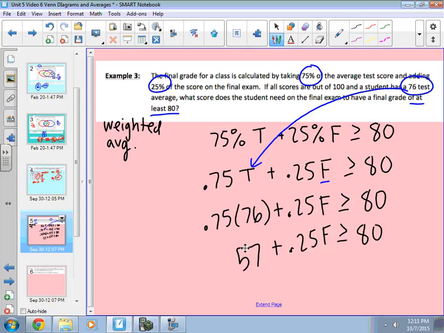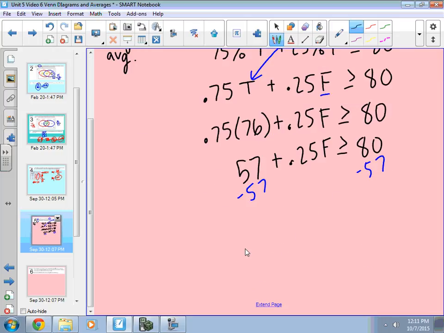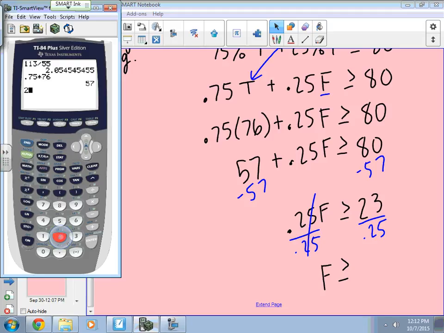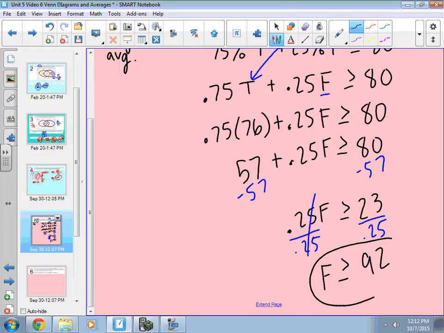If we now subtract that, that means we need greater than or equal to 23 points to come from the final. If you divide that by the weight, it should tell us what they need on the final. So it looks like on the final here, this person needs to get greater than or equal to, if we divide this out, a 92. They need a 92 or higher on their final to end up with a B. 92% or greater.